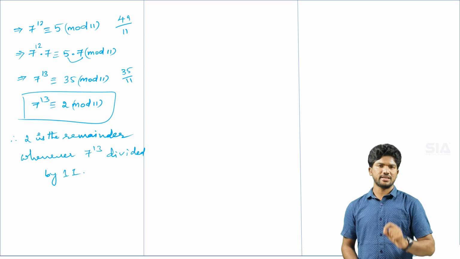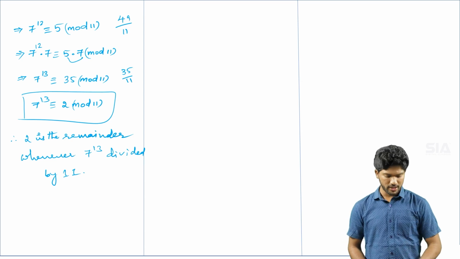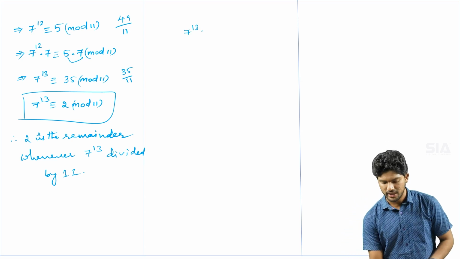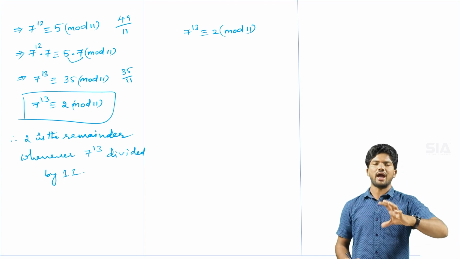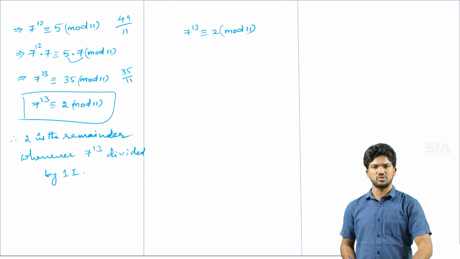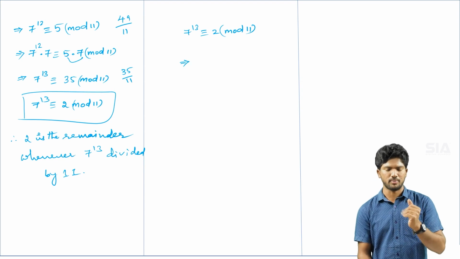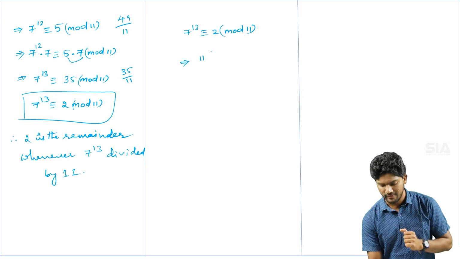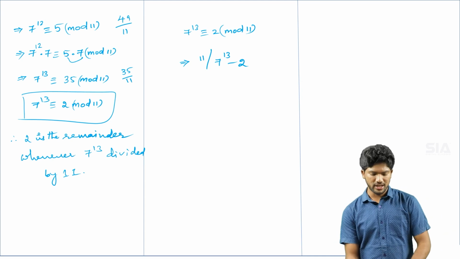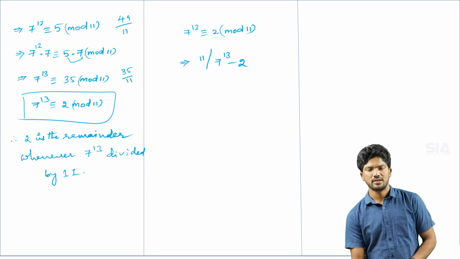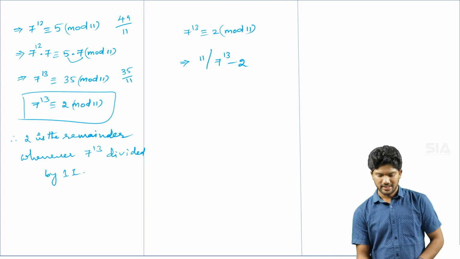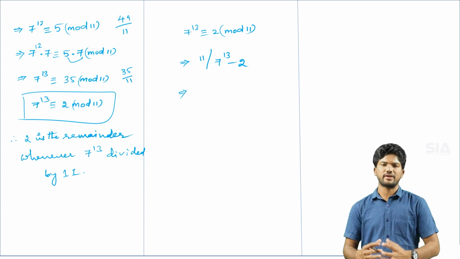You can also cross check by using the congruence property. Here you got 7^13 congruent to 2 modulo 11. If you have any doubt whether 2 is correct or not, you can cross check by applying the properties of congruence, that is 11 divides 7^13 minus 2. If you subtract 2 from the value of 7^13, the resultant value has to be divisible by 11.